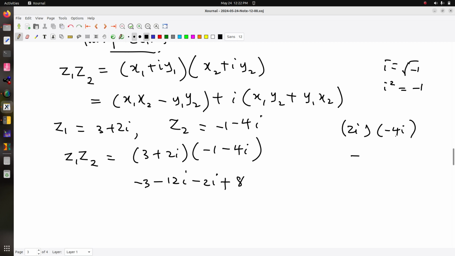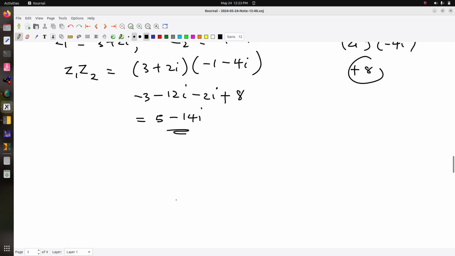So that will make this to be plus. Then 2 times 4, 8. So this will now be minus 3 plus 8, that will be 5. Then minus 12i minus 2i, that will be minus 14i. So this will be the result of the product of these two complex numbers, z1 equals 3 plus 2i, and z2 equals minus 1 minus 4i.